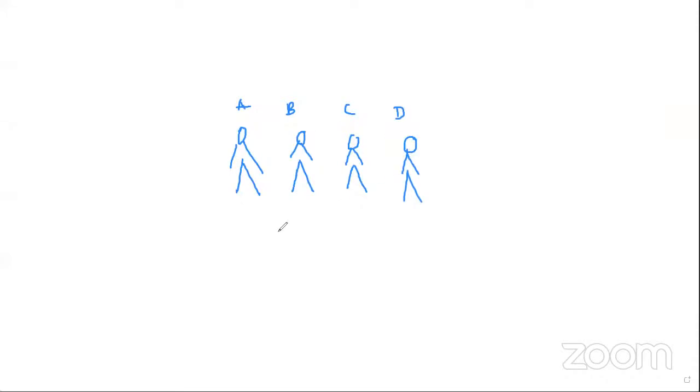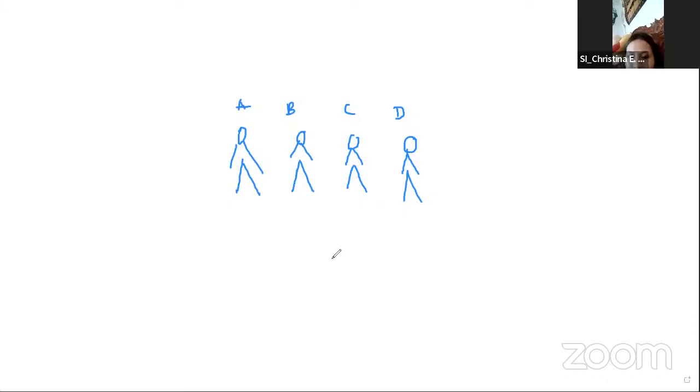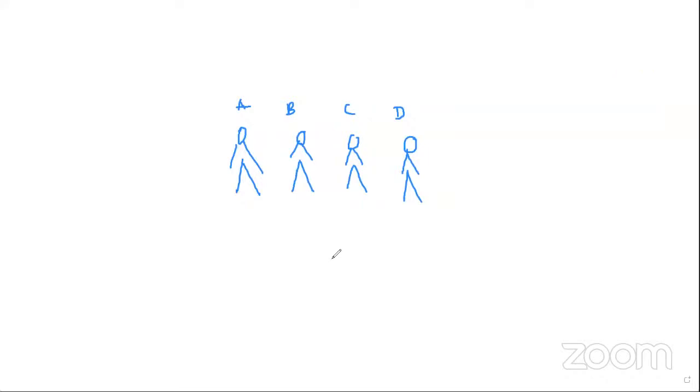For example, they are in a competition, and every place has only one person. Then A could be number 1, C number 2, B number 3, and number 4 is D. But it also could be that the winner is D, the second place is A, the third place is C, and the fourth place is B. So how many possibilities are there? 4 factorial. Agree?